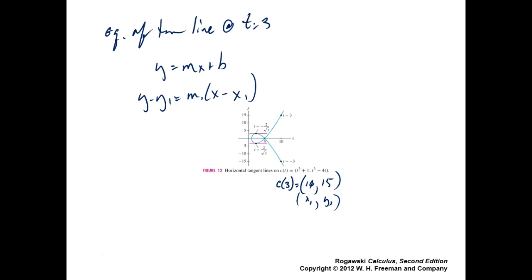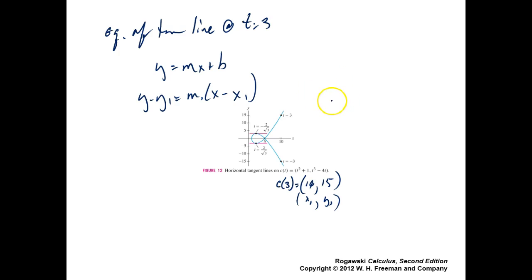And what do we say that was? The slope is the derivative of the tangent at t equal to 3. So we need to figure out the derivative at t equal to 3. What did the last theorem tell us?